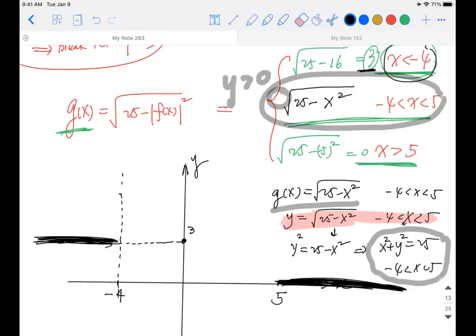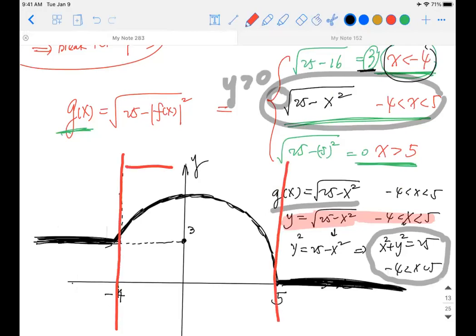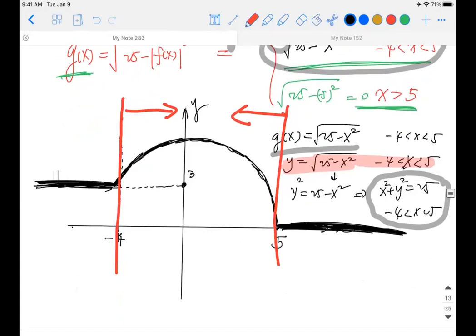You're trying to find a circle, but that circle is actually here. This is the circle, it's only the upper part, because you only cut from -4 to 5. You only cut this half, not the one beyond -4 to 5. You only cut the one in the middle.